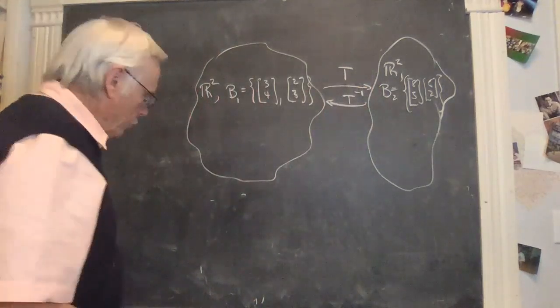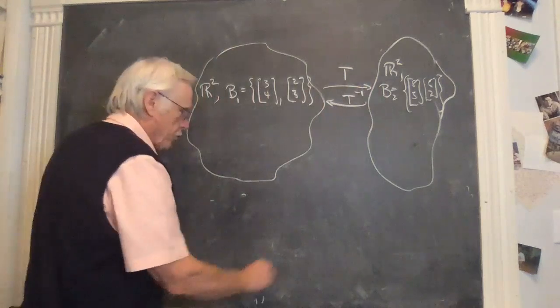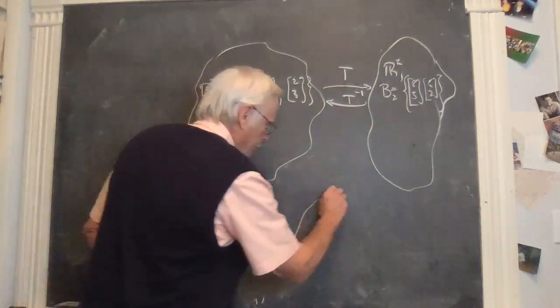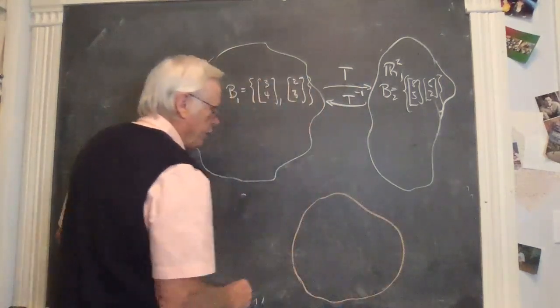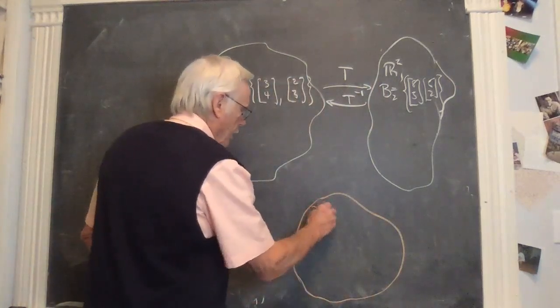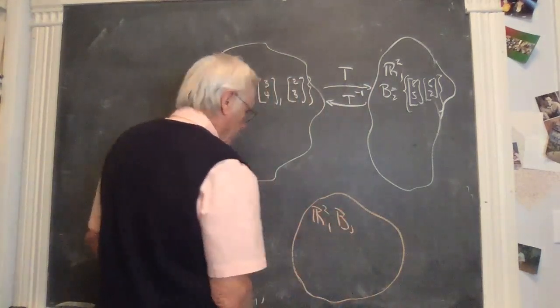So what I'm going to do is add in a third blob that is not part of the problem, but is a helpful intermediary. This will be R2, and we're going to use the standard basis here.